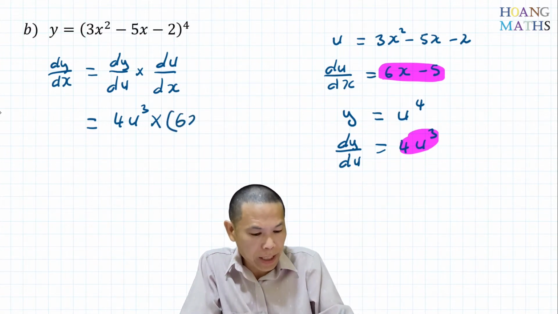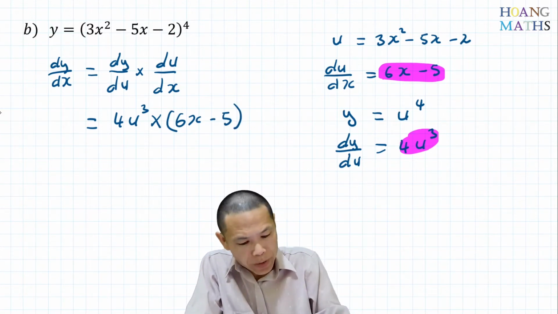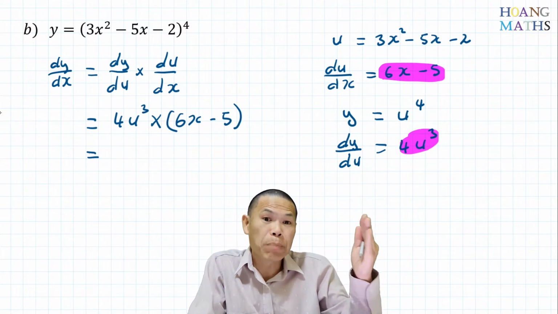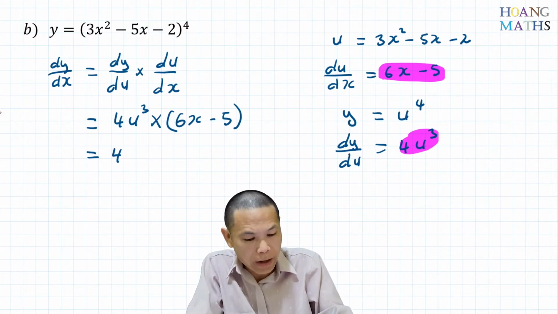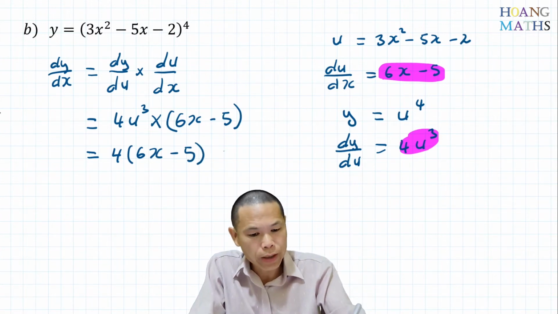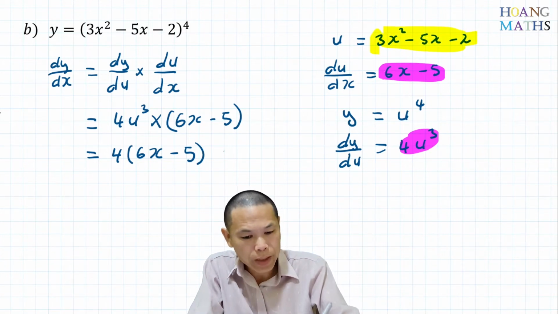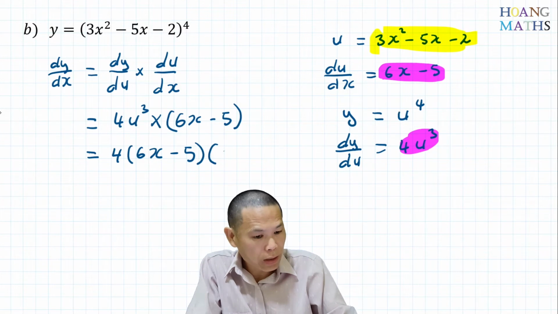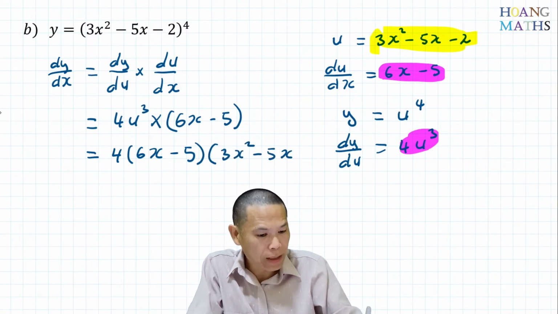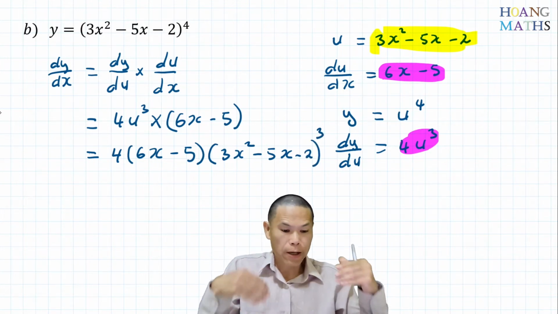So 6x minus 5. Now I just rewrite this in increasing power. So 4, I write that out first, and then we have 6x minus 5 and u to the power 3. But then u is this. Don't forget, we need to substitute back. So which is 3x squared minus 5x minus 2, and then to the power of 3. Don't forget. There you go.